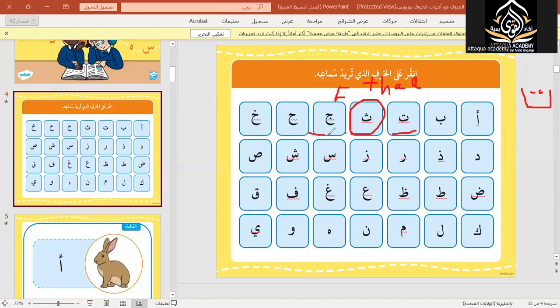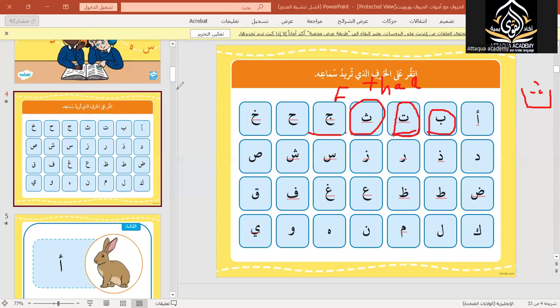After that, Jim. And how to write Tha, so as not to forget: Tha is the same as Ta, but with 3 points, okay? So the number of points is so important. 1 point under, it's Ba. 2 points on the top, it's Ta. 3 points is Tha.